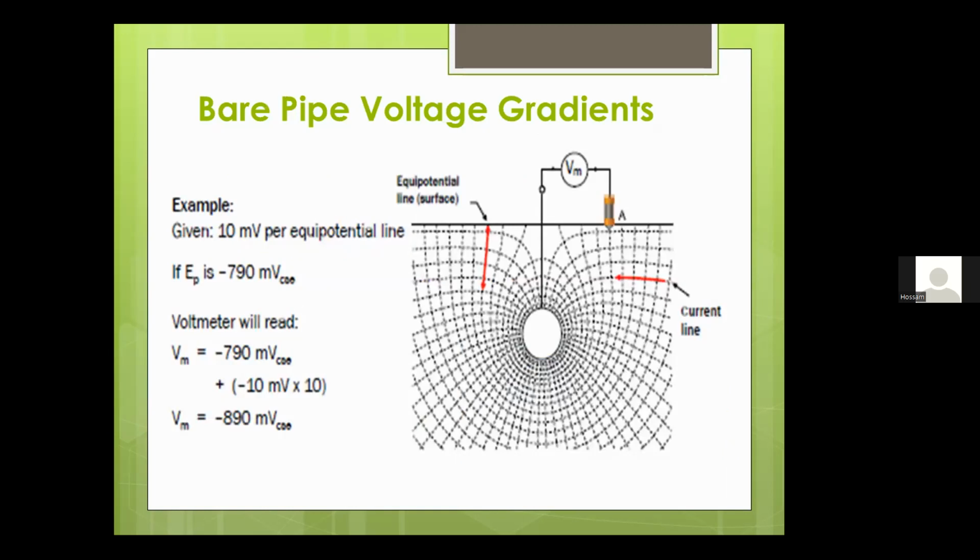For the voltage gradient, here is an example. Every line has a difference of 10 millivolts per equipotential line.